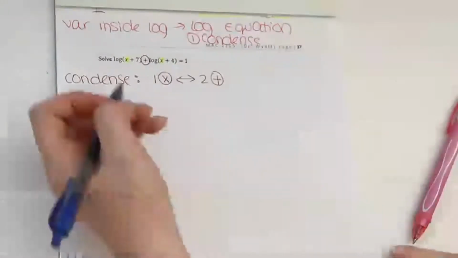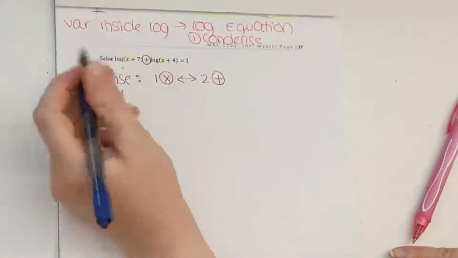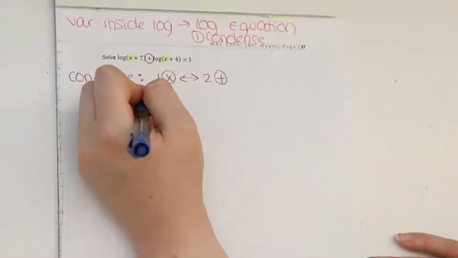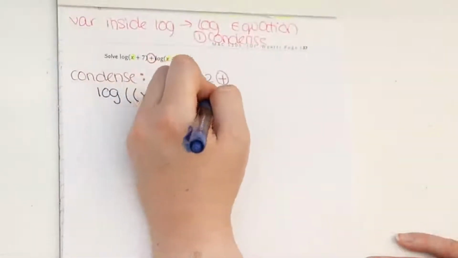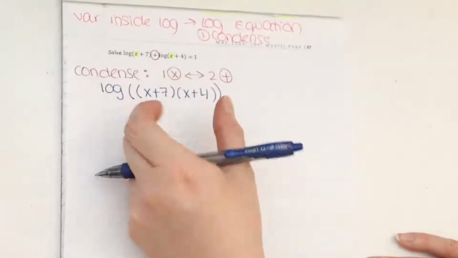So this will become log of, and then we're going to have a parenthesis for the x plus 7 argument, and a parenthesis for the x plus 4 argument. And then close that parenthesis. So all of that is your argument.